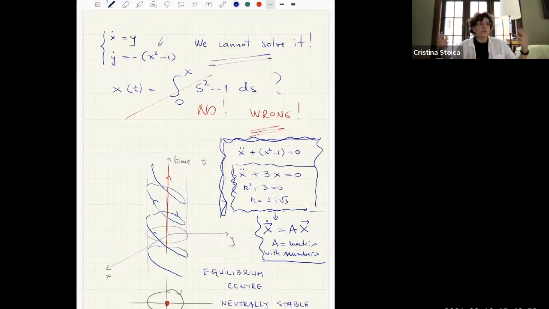We know how to deal with matrices. We know how to change the coordinates, I'm coming back to that, in such a way that they become diagonal, right? And when they're diagonal, things start separating, and patterns emerge.